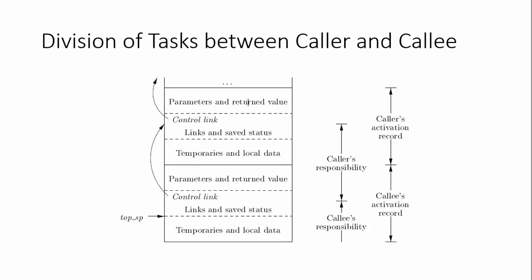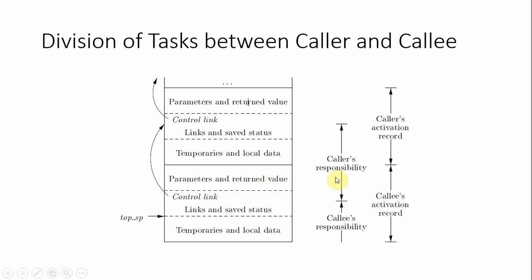Here is an example of the responsibility of the callee procedure and the caller procedure, meaning the called procedure and the calling procedure. The temporary and local data will be placed at the bottom, and links, saved status, parameters and return value will be placed on top of that.